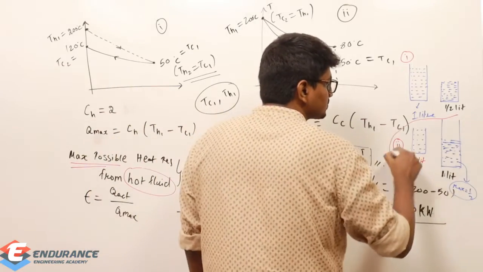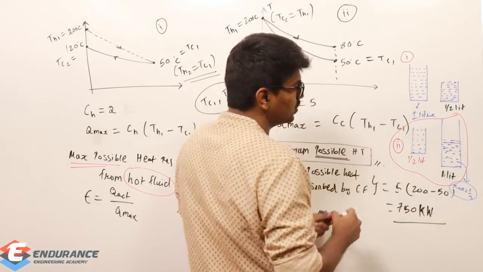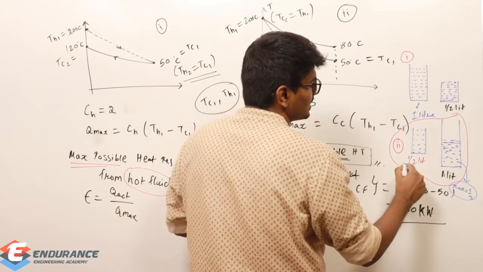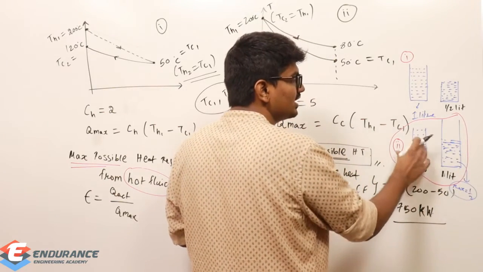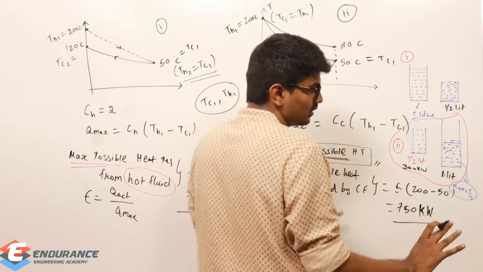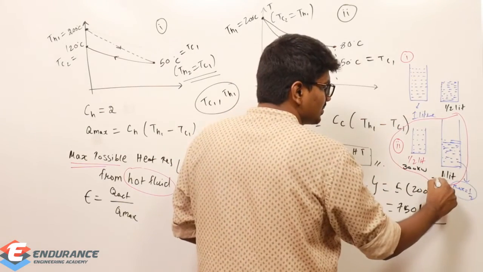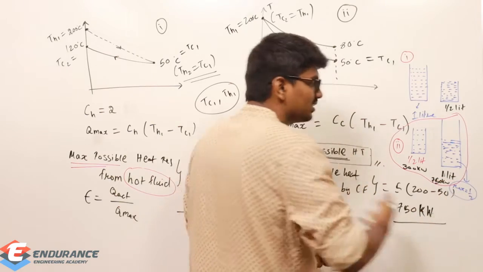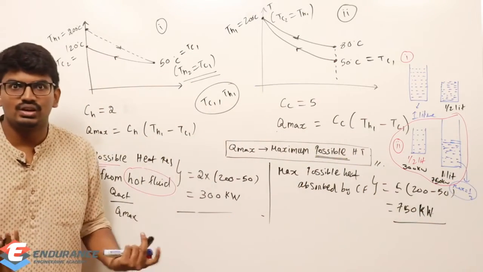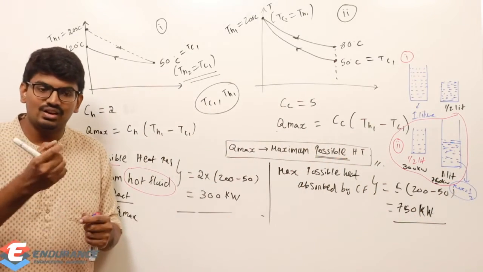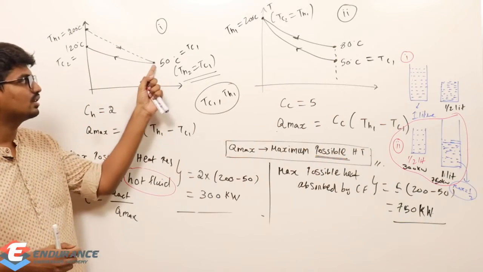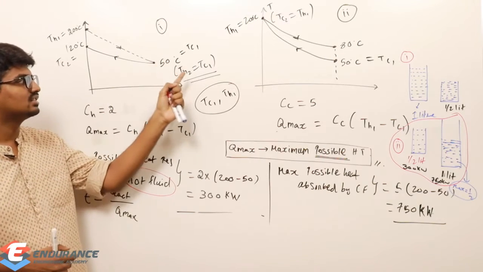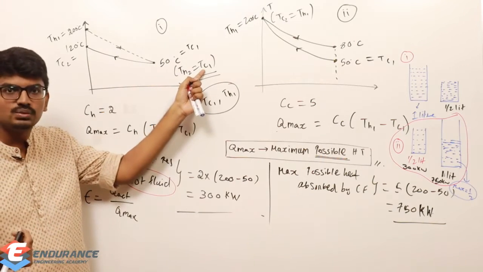Analogy number 2. The hot fluid has a capacity of 300 kilowatt; it can maximum reject 300 kilowatt only. The cold fluid has a capacity of 750 kilowatt, but the hot fluid doesn't have it. The hot fluid cannot reject even 1 kilowatt more than 300, because TH2 can never go below TC1.